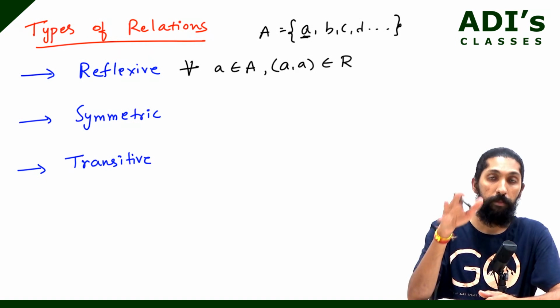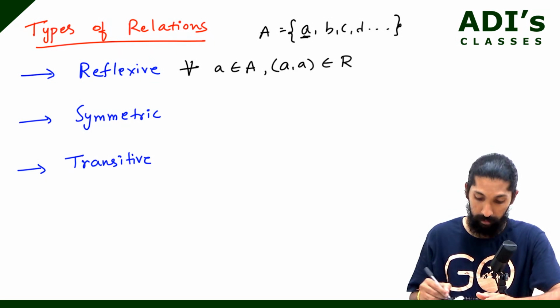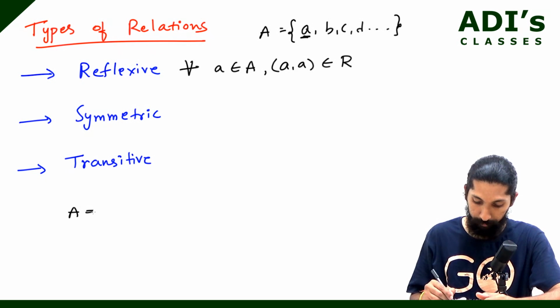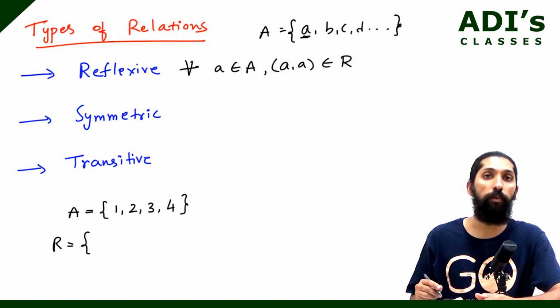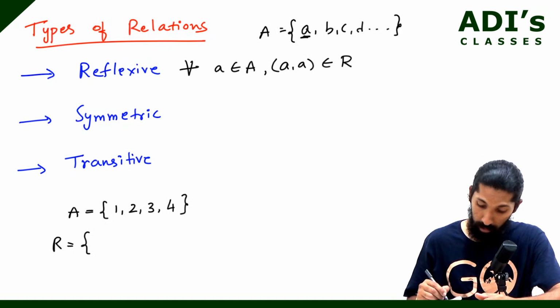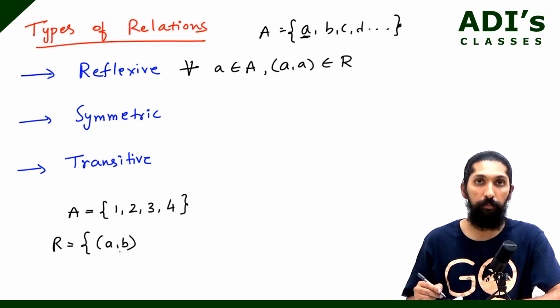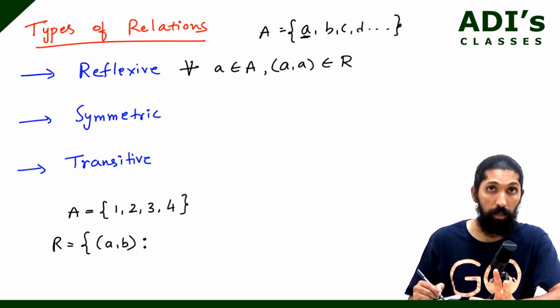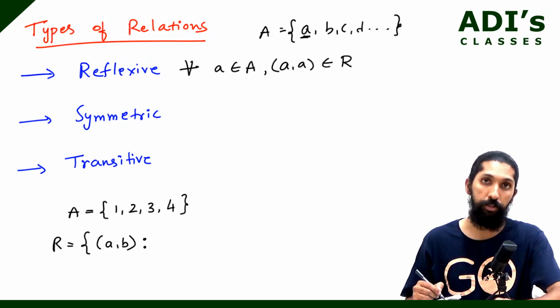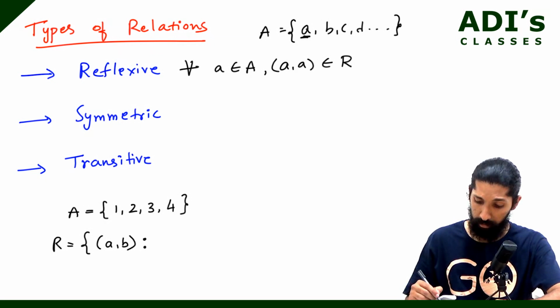Suppose we have a set A equal to {1, 2, 3, 4}. Now we are going to define a relation. Relations are always defined as (a, b), where a and b are two elements such that you define the relation, something like a is equal to b.